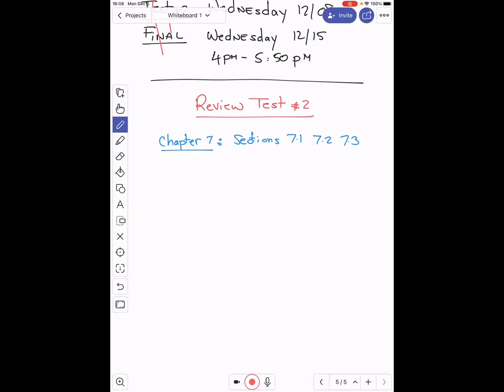So let's see. This is problem number 3, right? As I said, this is very similar to the problems in homework number 6.